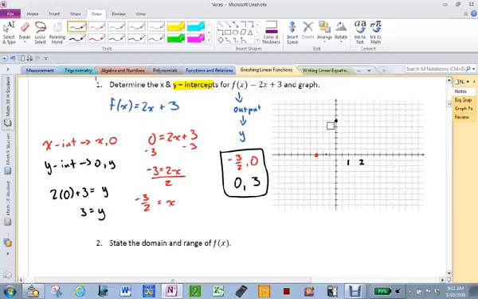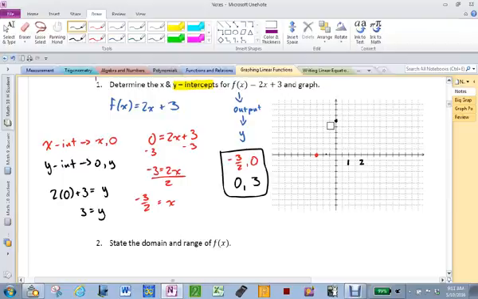Everybody with me? Now what must I do with this graph? What is the last step that I must do? Connect the dots.